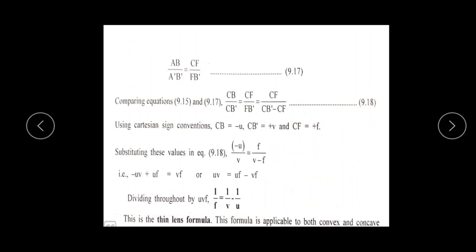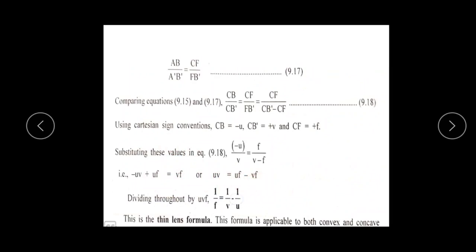After cross multiplication, minus U into V becomes minus UV. Minus U into minus F becomes plus UF. Then equal to V into F, which becomes VF. Now send this negative term to the RHS and this VF to the LHS. Then the equation becomes UV is equal to UF minus VF.